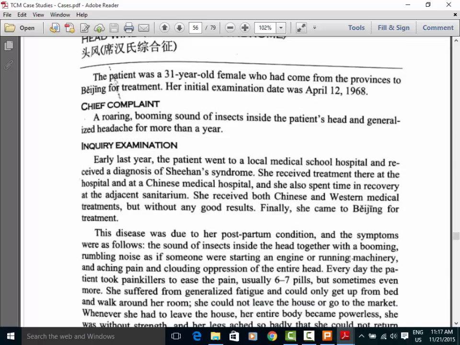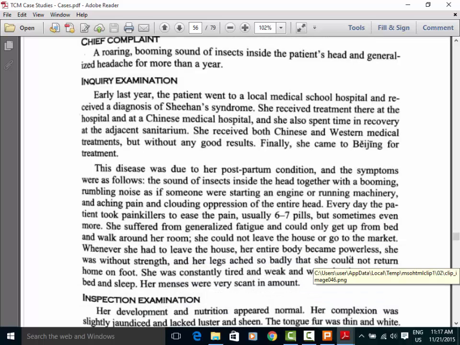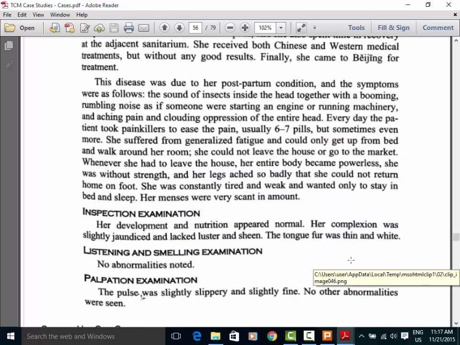Okay. I'm just skipping, going to the important parts. The disease was due to her postpartum condition, and the symptoms were as follows. The fact that the onset was related to postpartum is helpful for us a little bit.